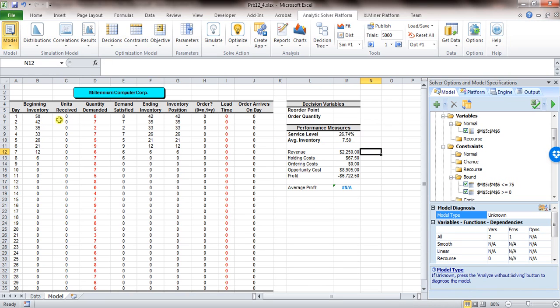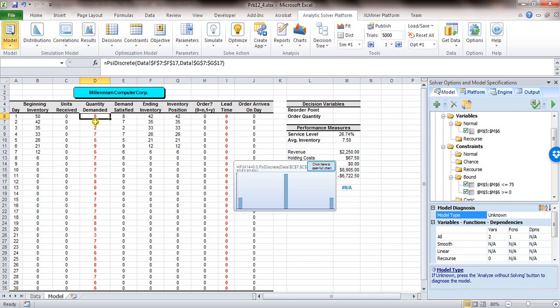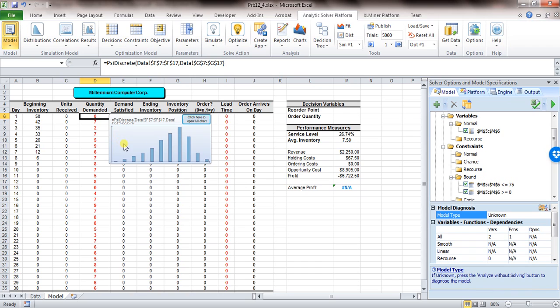The formula that is used for units received is: if any order has to be received from the previous period, then it is units received. Quantity demanded is a discrete distribution of the demand. PSI Discrete takes two inputs.